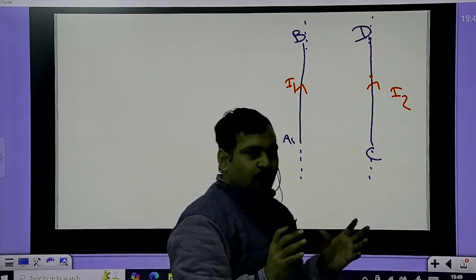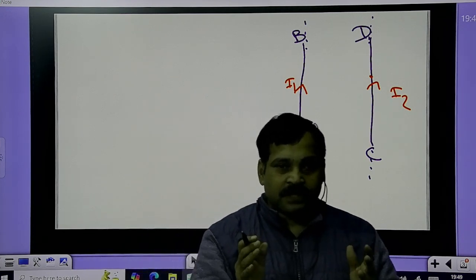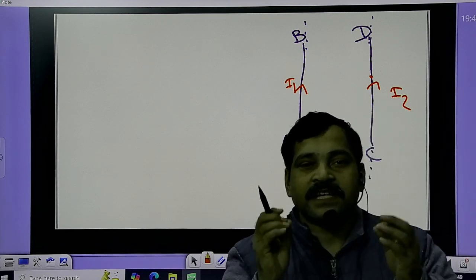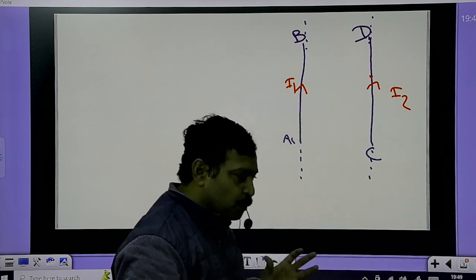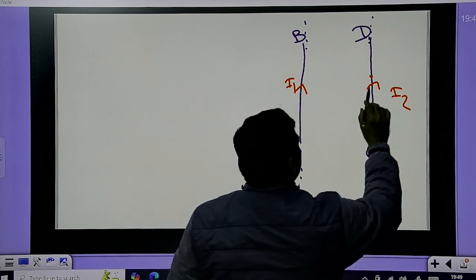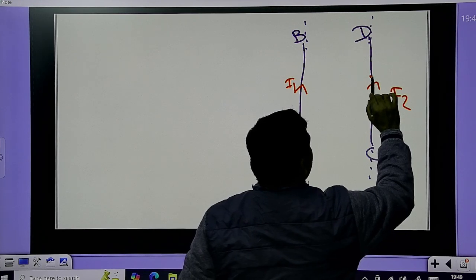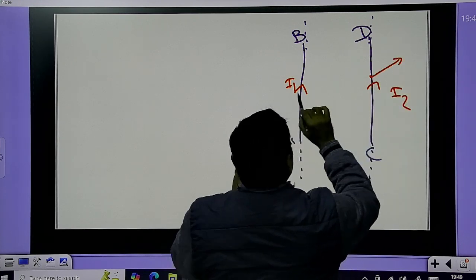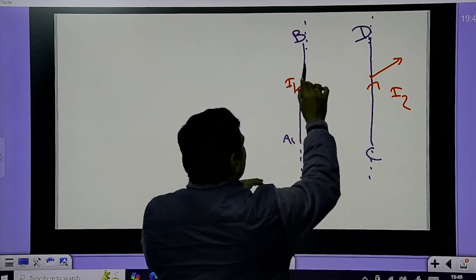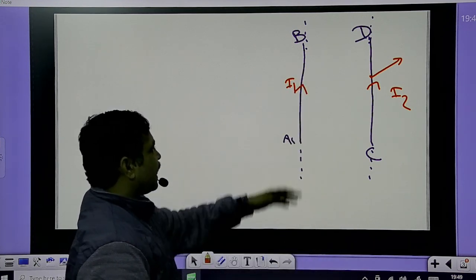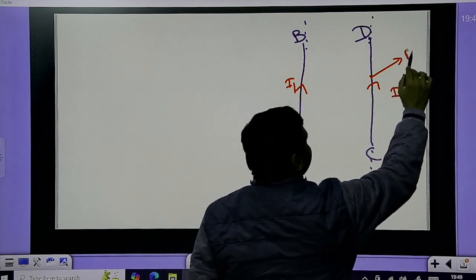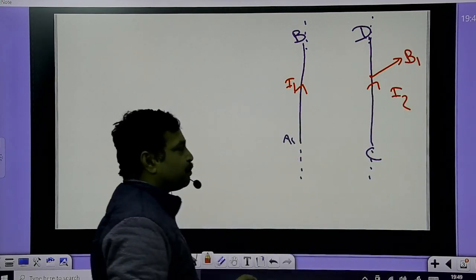We know the magnetic field produced by a current carrying conductor. It is perpendicular to the conductor CD. The magnetic field produced due to the current flowing through AB will be in this direction. Suppose this is B1.